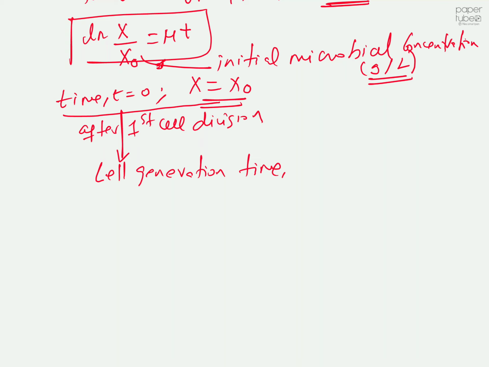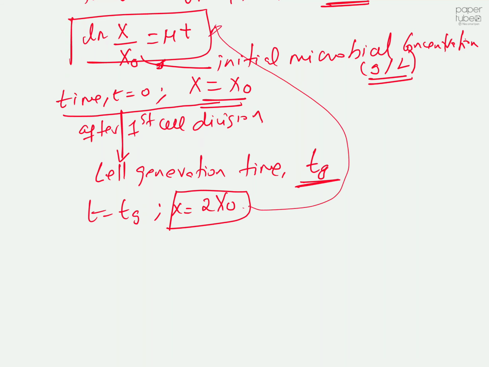Let's use the notation tg. So when t is equal to tg, x is equal to 2 times x0, twice the initial microbial concentration. Substitute in this expression: ln of 2x0 by x0 will be equal to mu multiplied by t. x0 gets cancelled and t will be equal to tg, which is your cell generation time, the parameter we are trying to calculate.